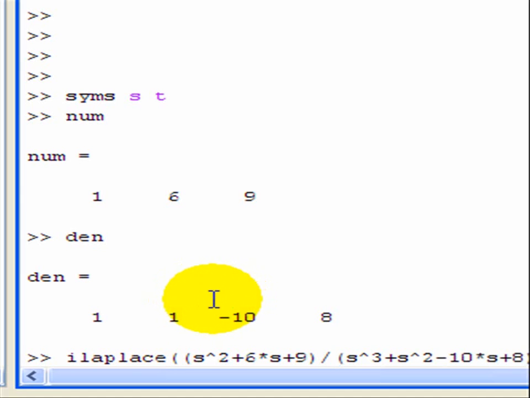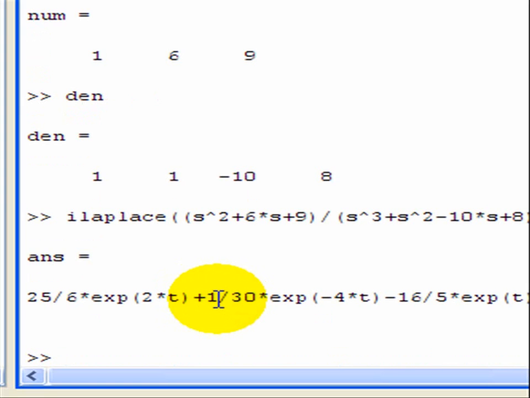Close parentheses and close it for the function Laplace, and we should get our inverse Laplace transform that we did earlier. And we see we have our coefficients 25 divided by 6 associated with the root 2, 1/30 associated with the root minus 4, and minus 16 divided by 5 times exp t, which is associated with the root 1.